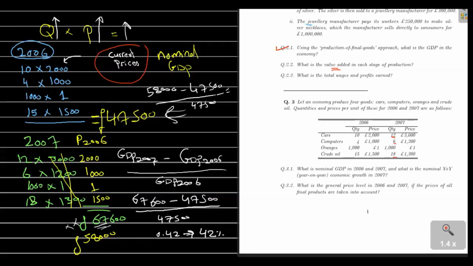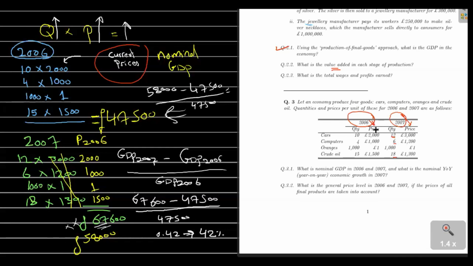So if you use current prices every year, when I calculate the GDP for 2006, I use current prices, meaning the prices of 2006. When I calculate the GDP for 2007, again, current prices means using the prices of 2007, so from the current year.